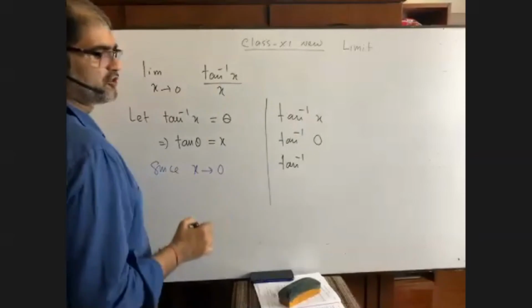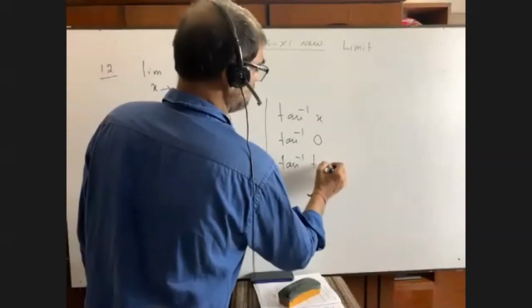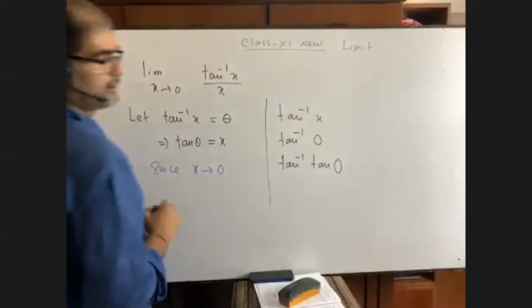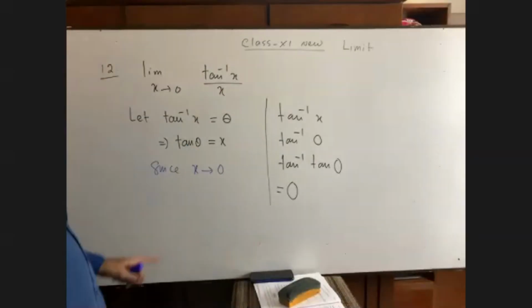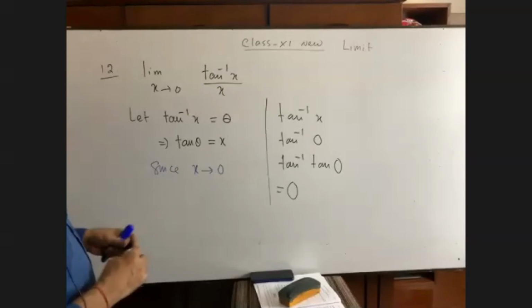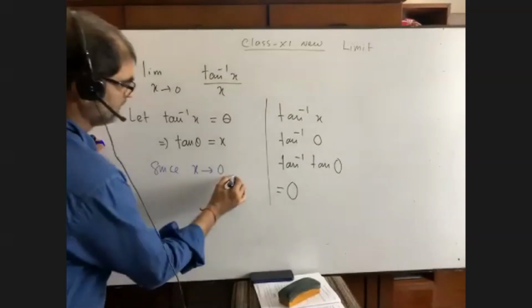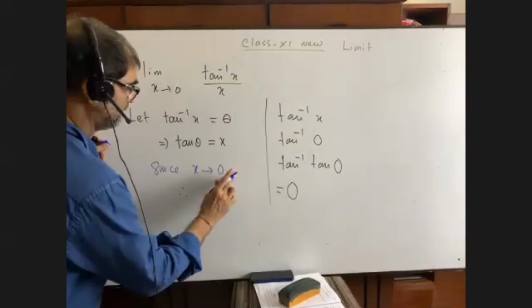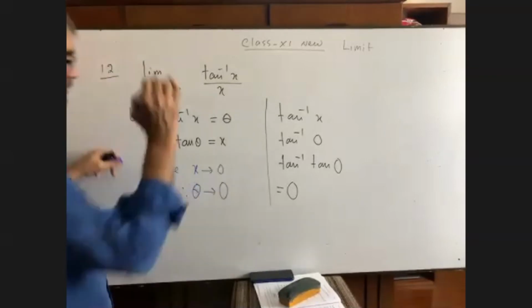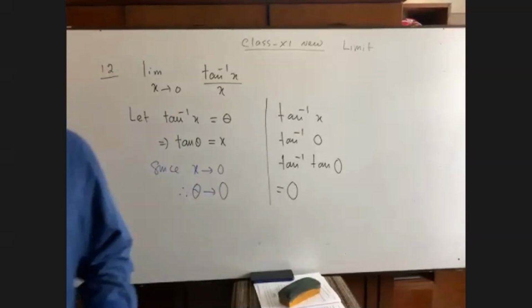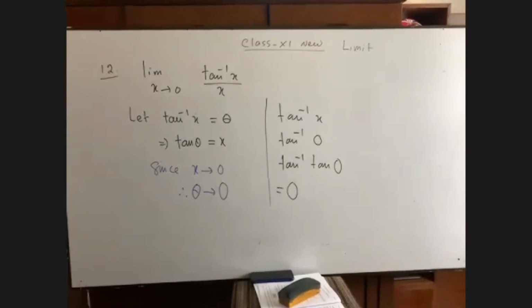Tan inverse 0 equals to what? Tan 0 equals to what? That means since x tends to 0, we can write, therefore, theta tends to 0. Talk to me, please, all of you.